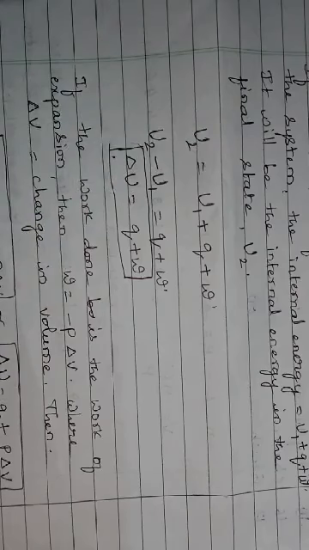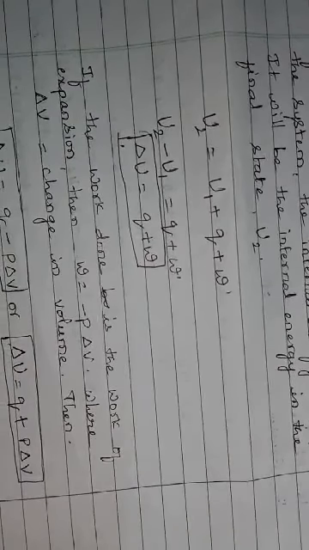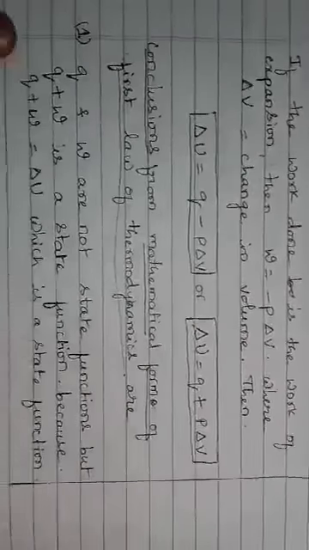From the above discussion, we can conclude that Q and W are not state functions, but Q plus W is a state function. Q, heat energy, is not a state function, it is a path function.